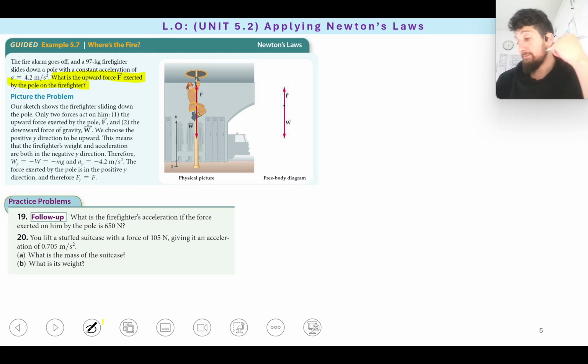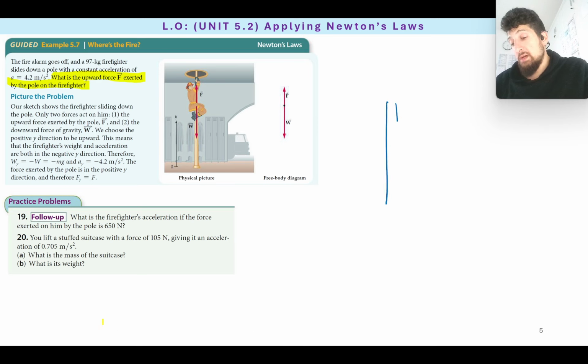We read it again. What is the upward force exerted by the pole on the firefighter? What this is saying is, what is the amount of force that the pole is holding? Imagine a situation where the pole is like that and there's a deck on top, and the firefighter is essentially standing on it.